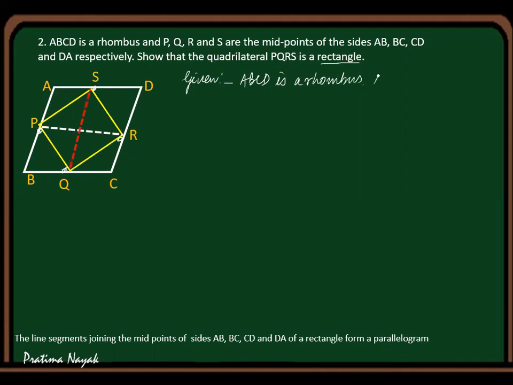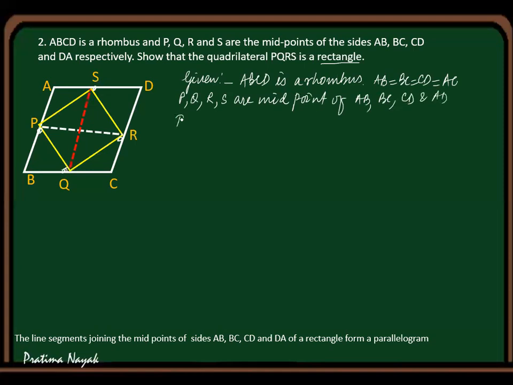That means AB is equal to BC is equal to CD is equal to AD. Now P, Q, R, S are midpoints of AB, BC, CD and AD.